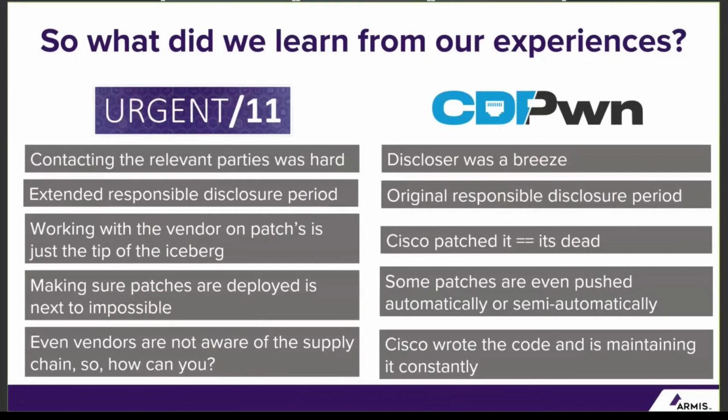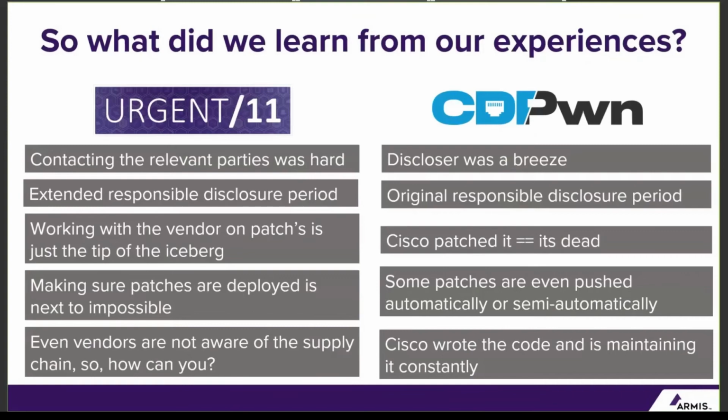As I mentioned, Wind River had only 13 vulnerabilities alive for VxWorks before we started researching, meaning the team that handles it probably didn't handle a lot before, in contrast to Cisco, which handles it on a daily basis. In Urgent 11, we understood that because it's taking time to deliver our message and make sure everything is okay, we have to extend the responsible disclosure period. We did no such thing in CDPwn. It was really straightforward.